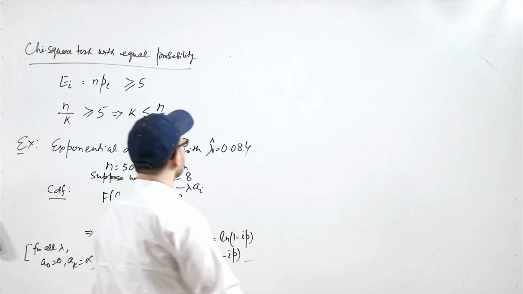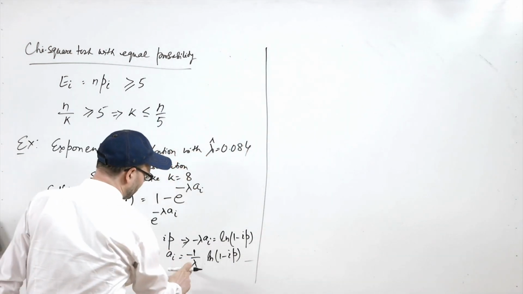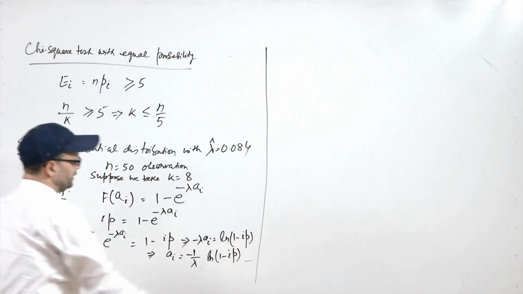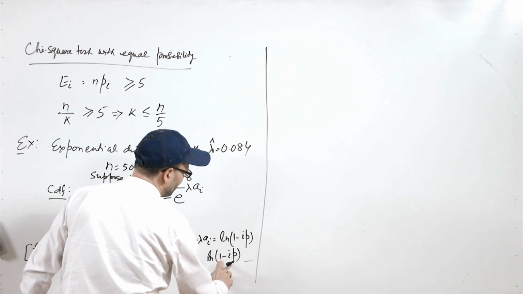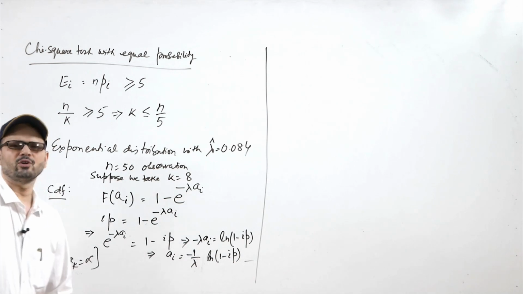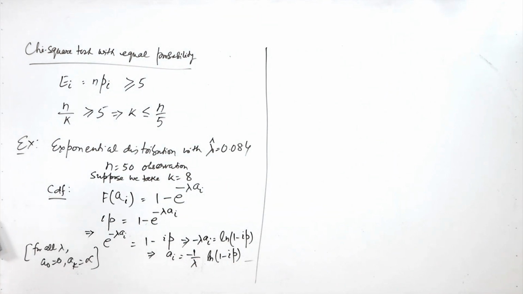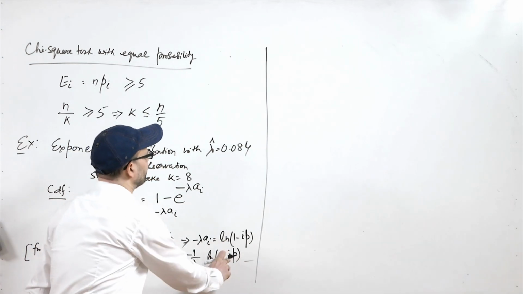Now, since we know the lambda, and we have 8 intervals, for the first interval this value will be 0.125. So P will be 1 by 8 and I is 1.